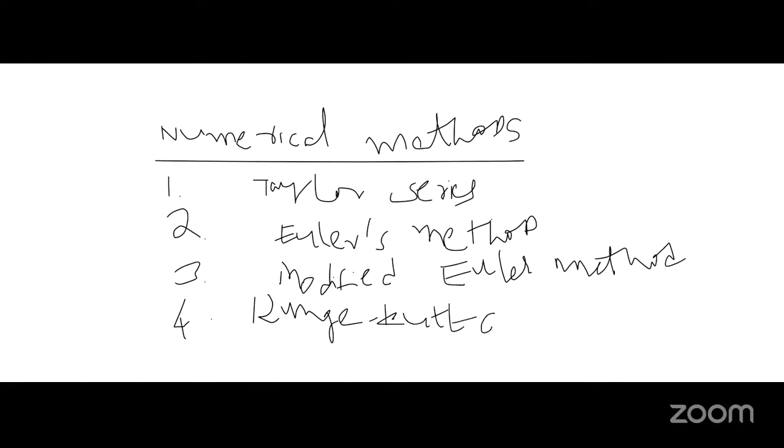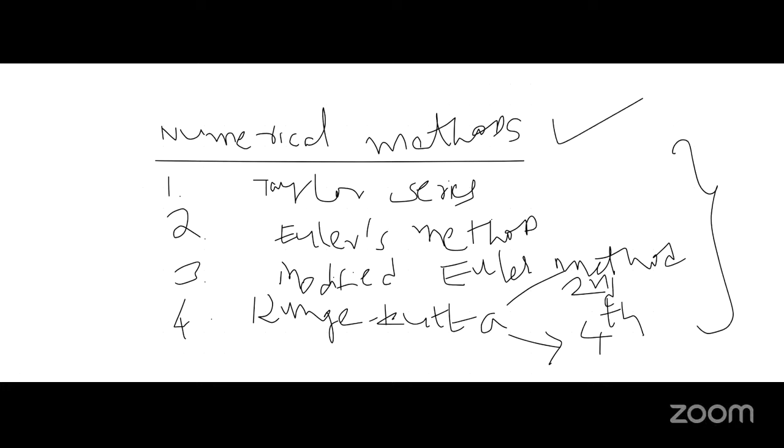There are second order and fourth order. So these are the four methods in numerical methods to solve the differential equation. So we are solving the differential equation by these four methods.